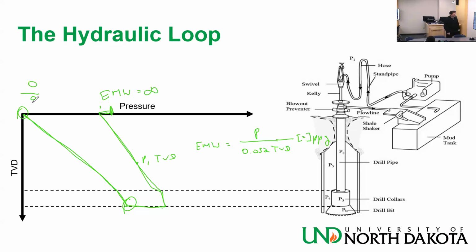So how do you expect the EMW to vary as you go down? Decreases. Decreases? But why? EMW, yeah, throughout the loop.